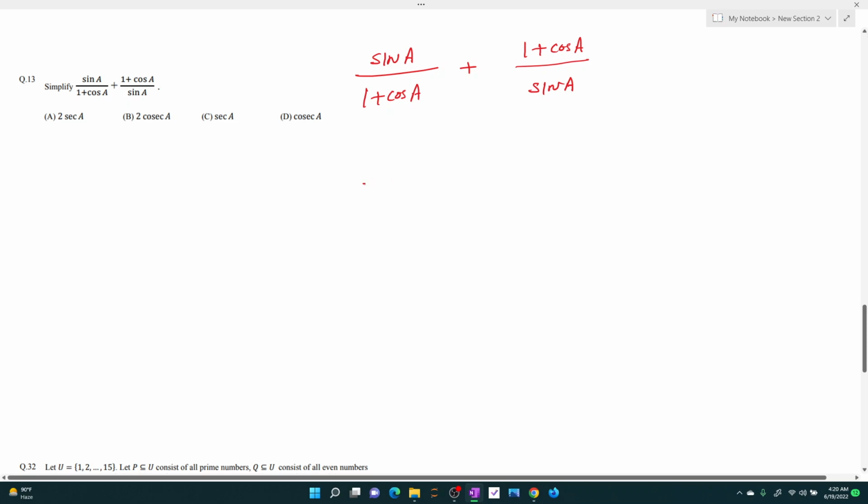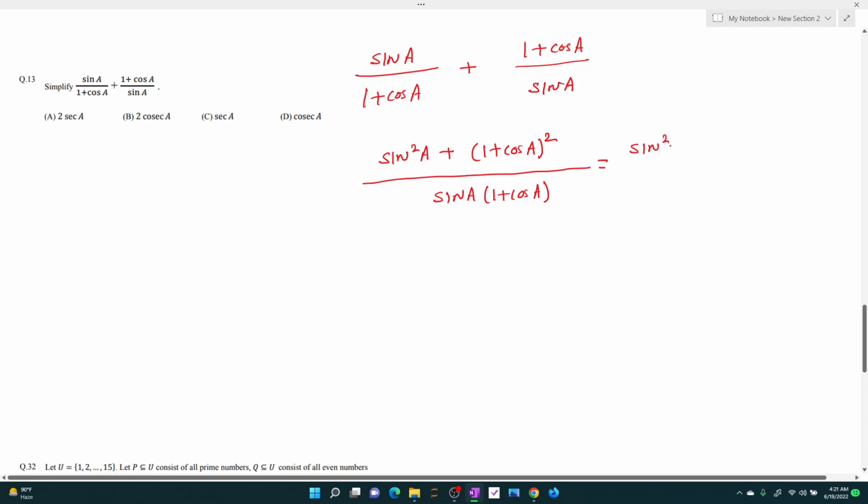So let's simply take the LCM of the denominators. So this comes out to be sine A into 1 plus cos A, and the numerator will become sine square A plus 1 plus cos A whole square, right? So let's simplify this.